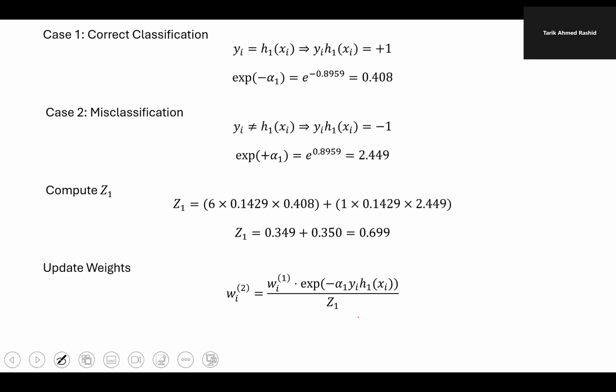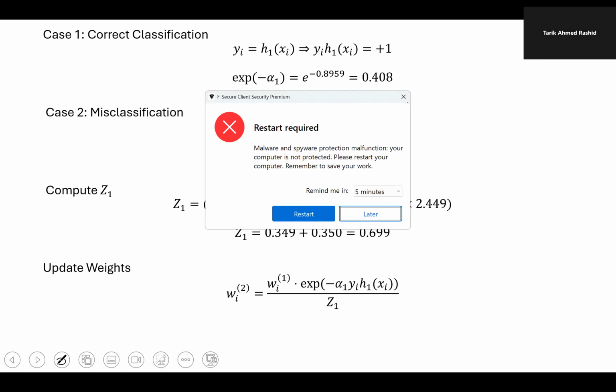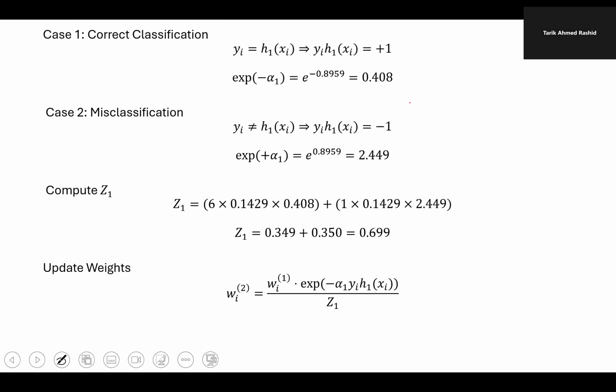Now we find z, which is the normalizing weight. For the next iteration, if I want to find the weight for each sample, it equals the current weight multiplied by this formula over the normalized weight.